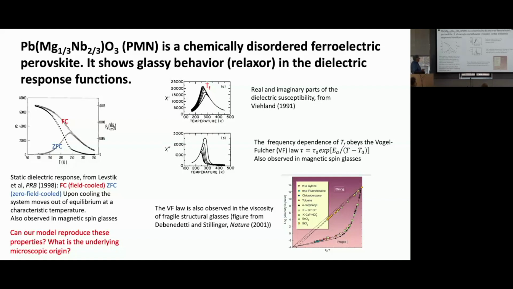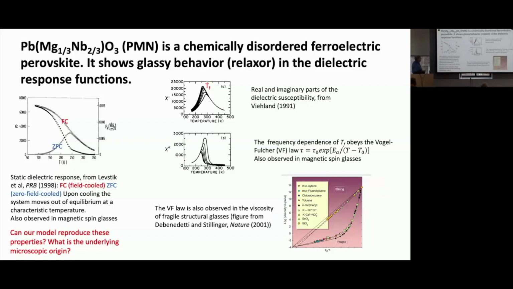And that can be seen in the response function, in the fact that this is field cool, in which there is a field that is poling the polarization, going down and then going up. And one can see that there is a hysteresis associated with that, and that is in zero field cooling.